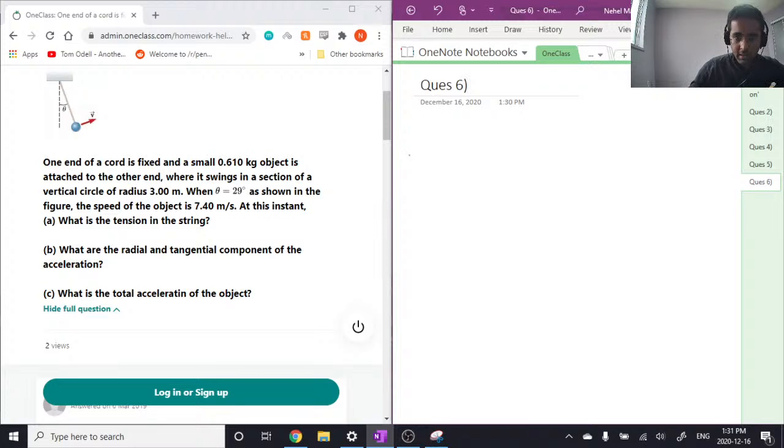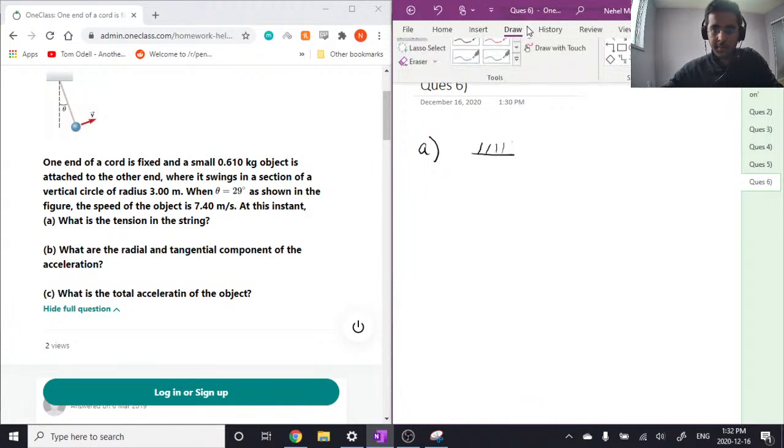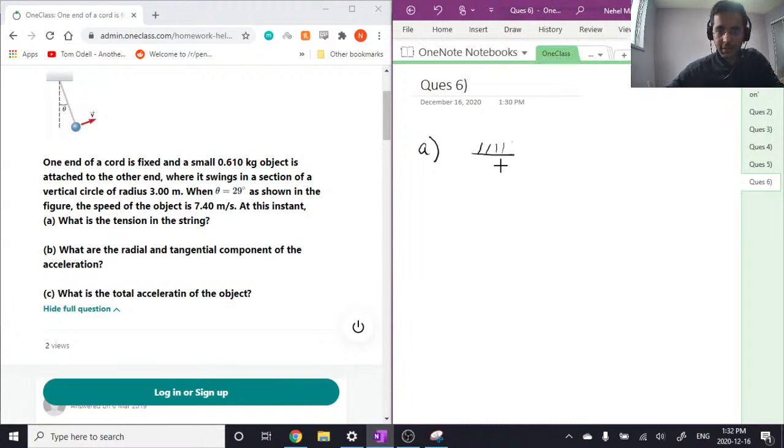So for this question, let's first draw the free body diagram of this block. Let me just use actual straight lines.